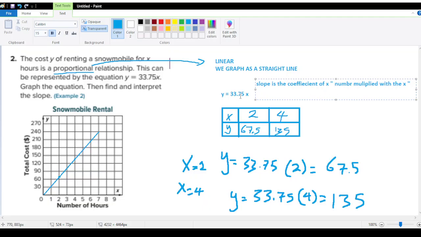Not y, coefficient of x. What's the number multiplied with the x? Look at the equation here. 33.75. So here in this equation, we can say that the slope equals what?